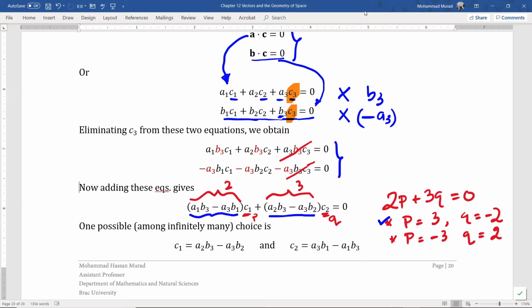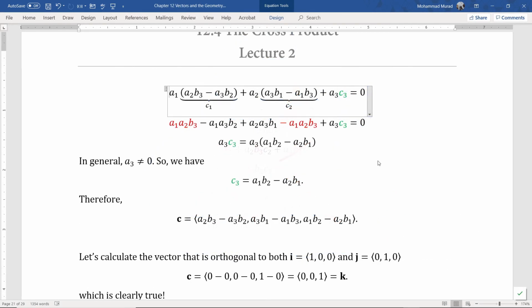So we are going to put the values of C1 and C2 into one of these two equations. Let's substitute in the first equation. So this is A1 C1 plus A2 C2 plus A3 C3 equals 0 after the substitution of the values of C1 and C2. Now if we multiply the terms by A1 here and A2 here, we get these four terms, and we see there is a simple cancellation.